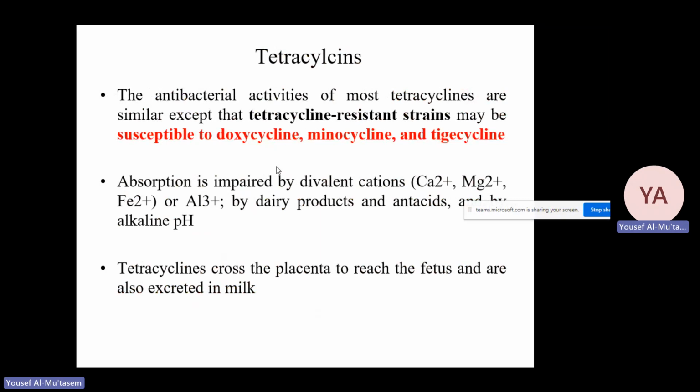This is also seen if we use tetracycline with fluoroquinolones, digoxin, or thyroxine. In summary, we have a lot of drug interactions at the level of absorption of tetracyclines because of their chemical structure. That's why it has to be kept away from the rest of the medications while we're taking it.